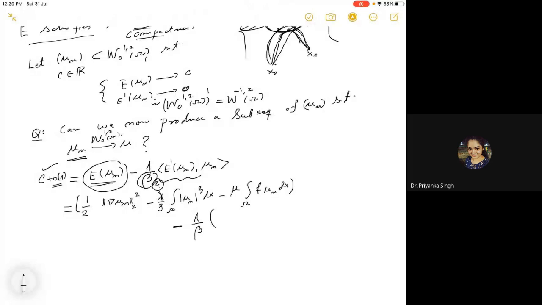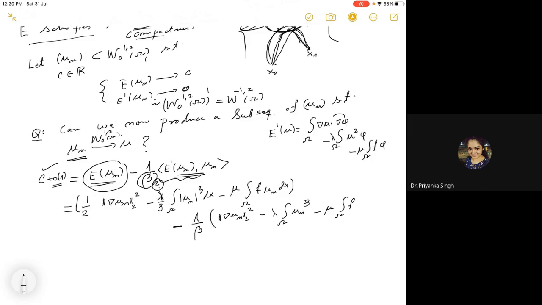So E prime U is going to be integral grad U dot grad phi minus lambda times integral U square phi minus mu times integral F phi. But phi is equal to U in this case. So this is just going to be this minus this quantity minus integral F UN.